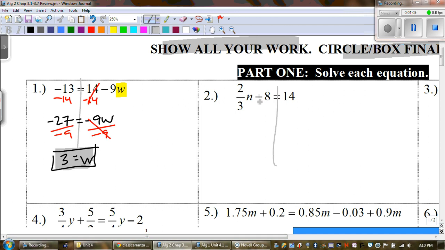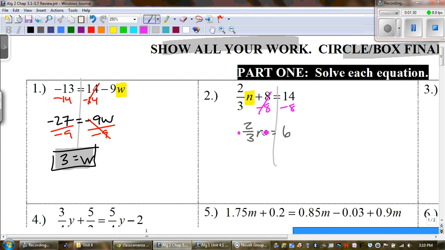Let's move on to number 2. Once again, we're solving for n. So to do that, I want to subtract 8 from both sides. And we get 2/3 n equals 14 minus 8, which is 6.